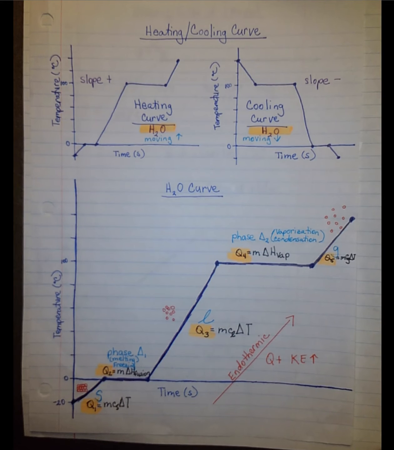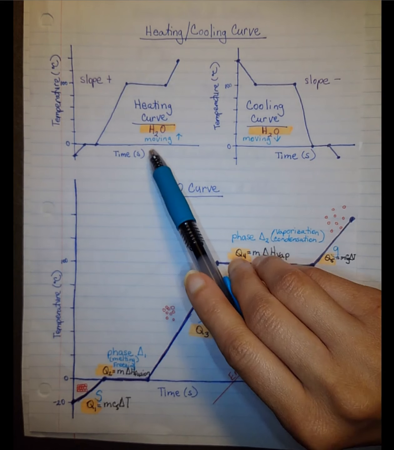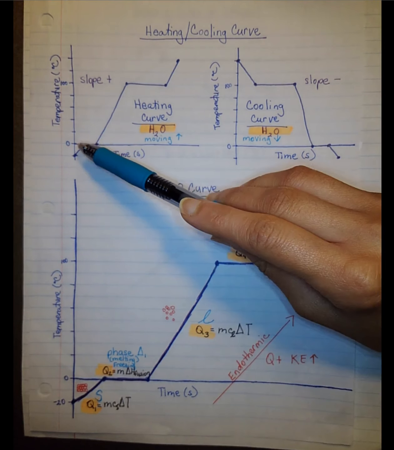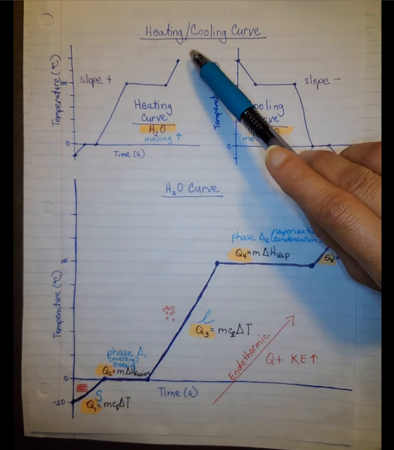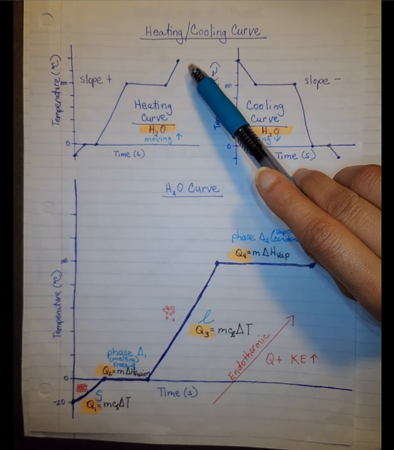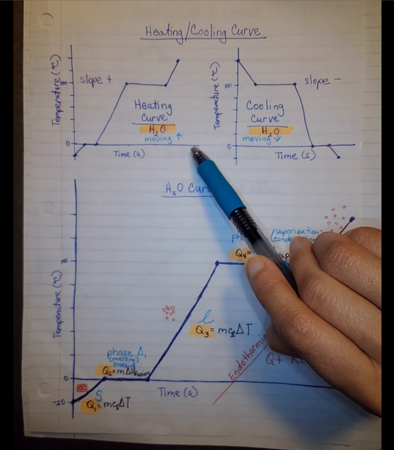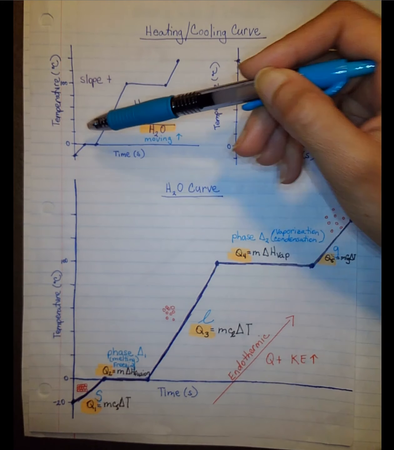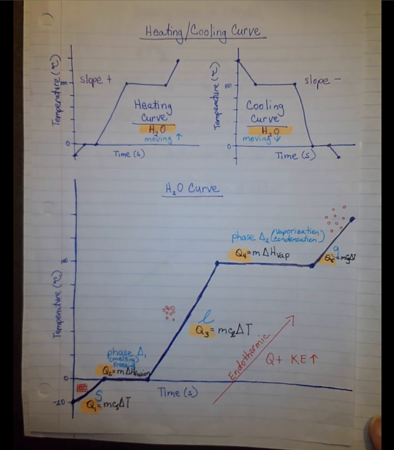You could just look at one curve, such as the heating curve. As time progresses and temperature is increasing, you are moving up, you're looking at the heating curve. But as time progresses and temperature is decreasing, you're moving down the curve, and that would be the cooling curve.